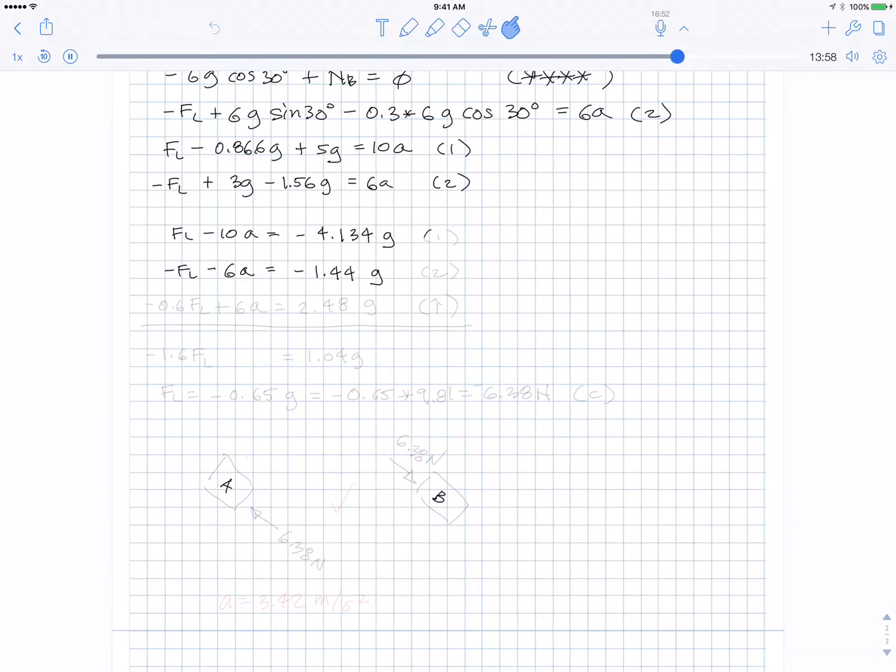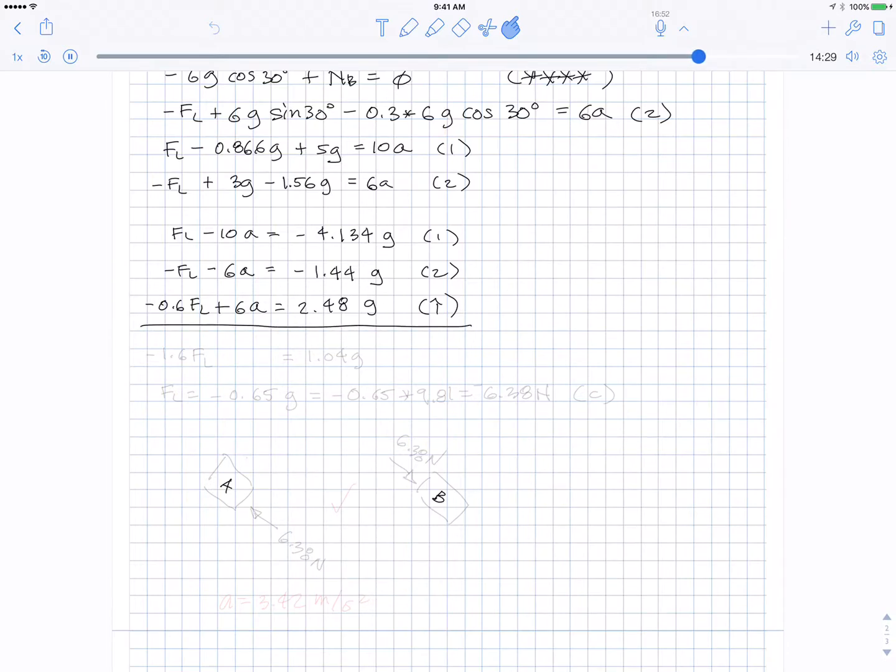So equation 1 multiplied by 0.6 is minus 0.6 FL plus 6A equals 2.48G.